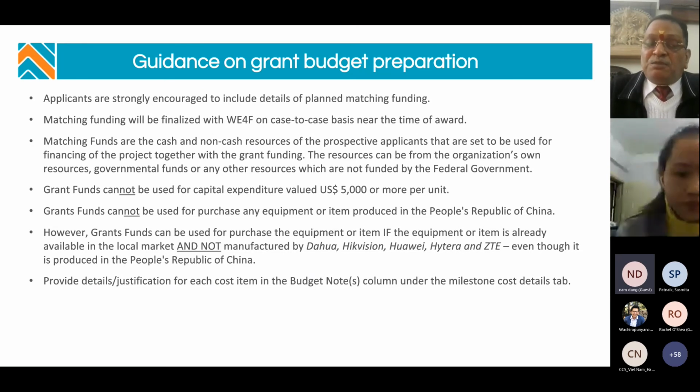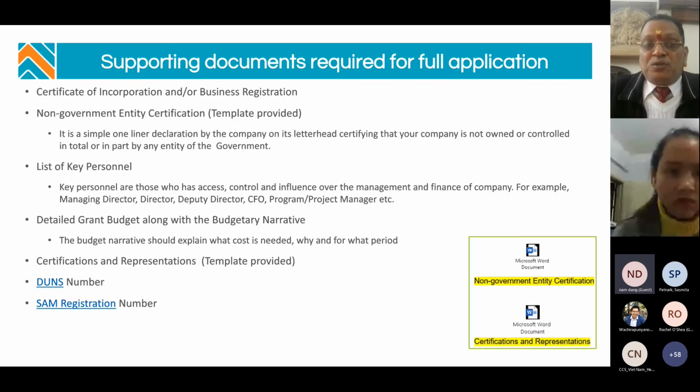And please, when you prepare the milestone cost detail tab, provide the details and justification for each cost item in the budget note: why the cost is necessary, for what period it is necessary, and what is the object. You have to provide this as a budget narrative along with all the cost.